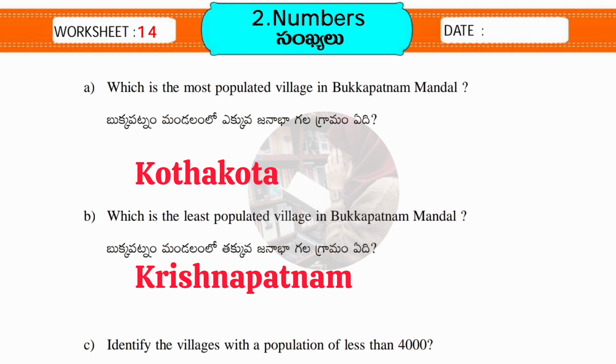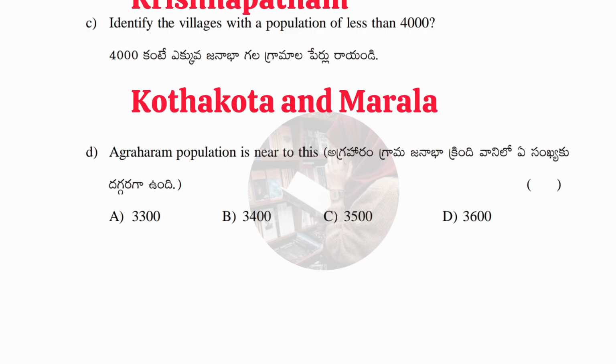Let's see the third question, which is identify the villages with a population of less than 4000. Please check the table. So the answer is Kota and Marala. Okay, they both have got less than 4000. Okay, next fourth question.